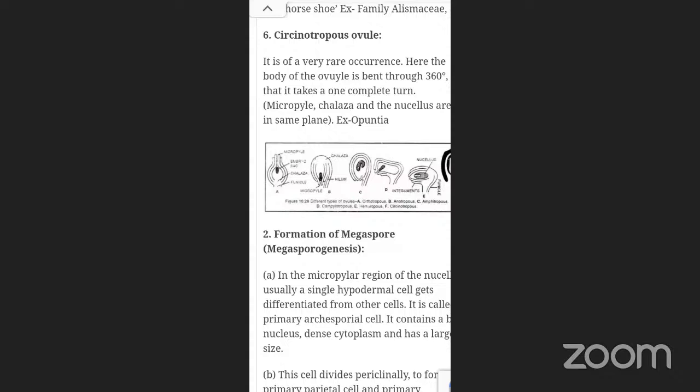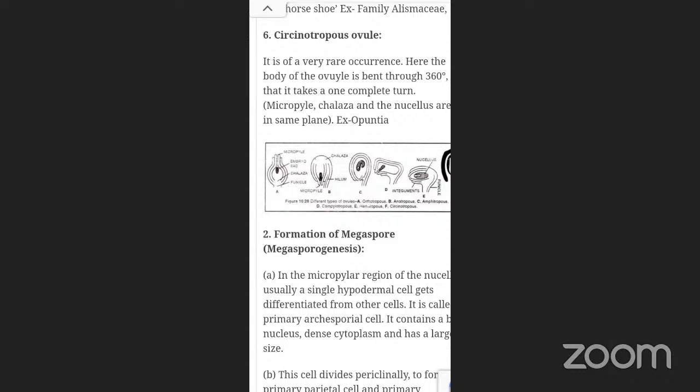So the cells of the inner epidermis of the integument are elongated, and aqueous dense cytoplasm is present and they develop a conspicuous nucleus and differentiate into endothelium. So the inner side of the epidermis of the integument is modified and dense cytoplasm is there, that we call the endothelium.